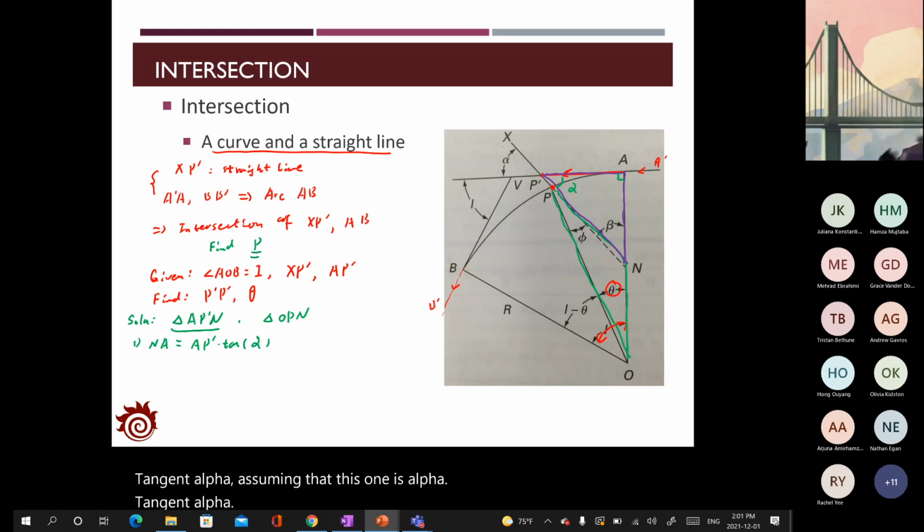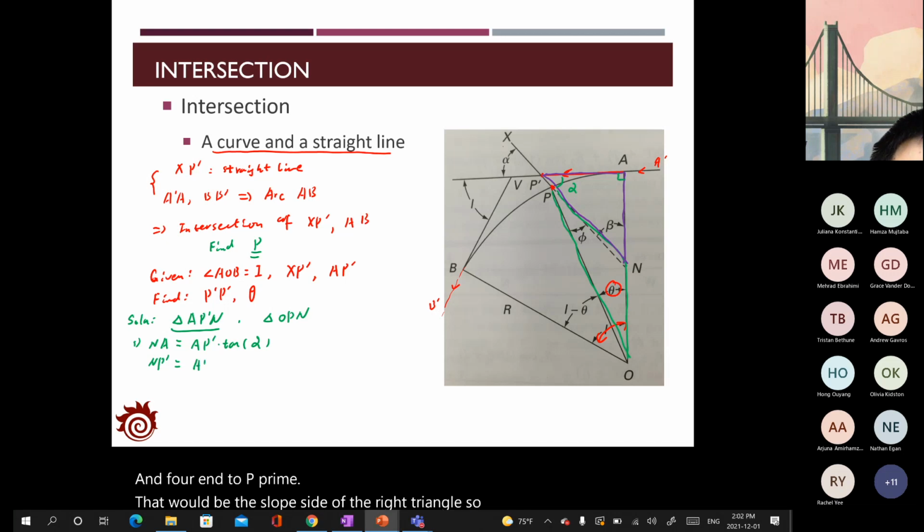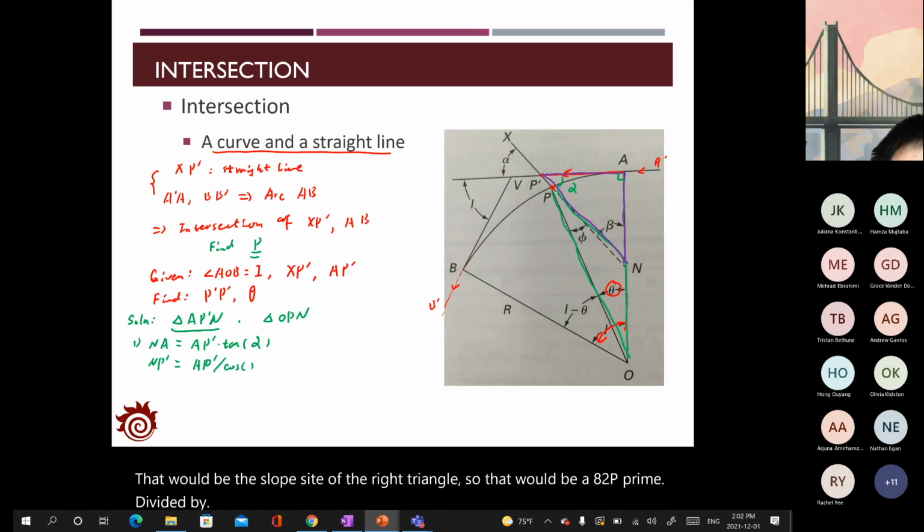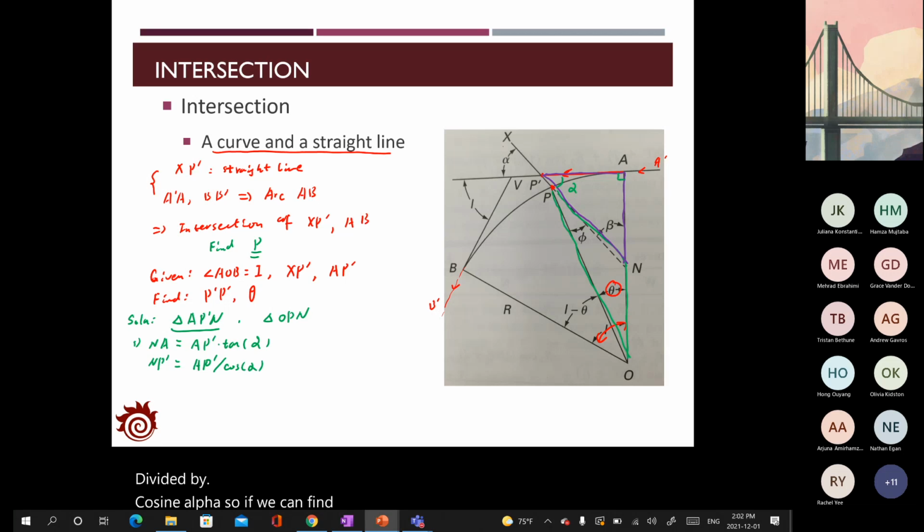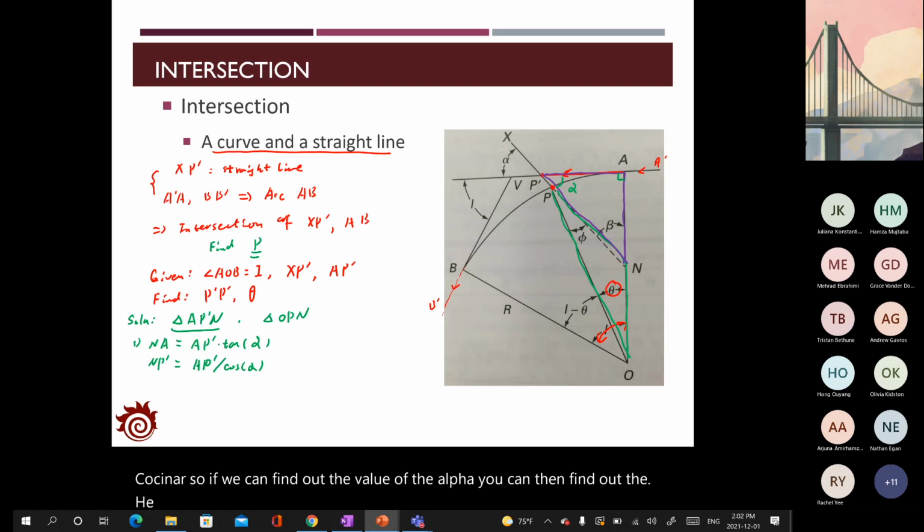And for N to P prime, that will be the slope side of the right triangle. So that will be A to P prime divided by cosine alpha. So if we can find the value of alpha, we can then find the distance of NA and the distance of N to P prime.